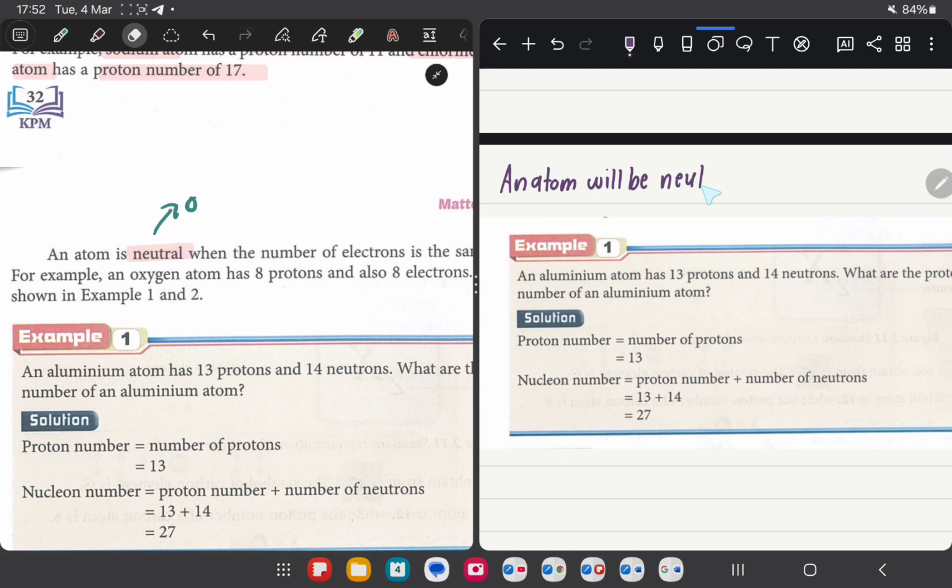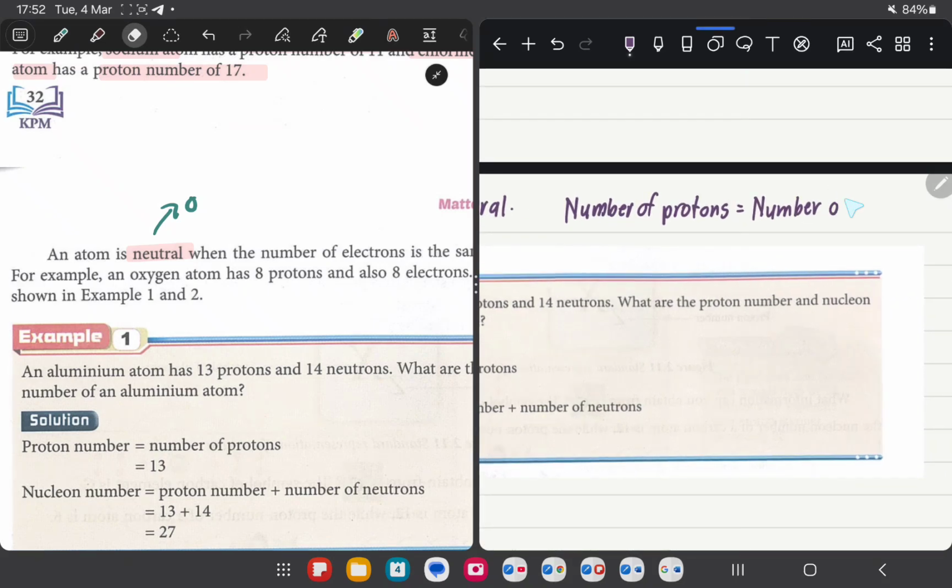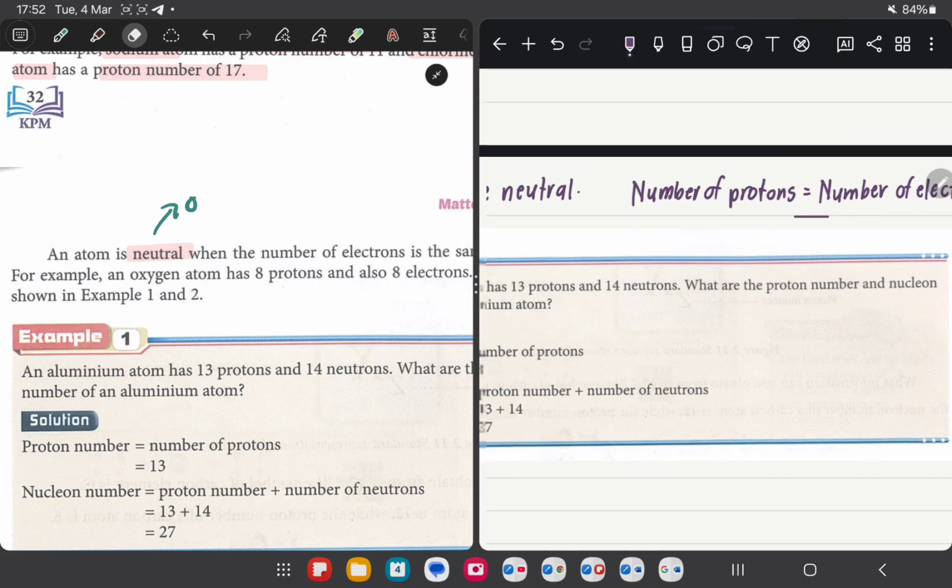Why is an atom neutral? Because the number of protons is equal to the number of electrons. This is the key that you must understand. P equals E in an atom.